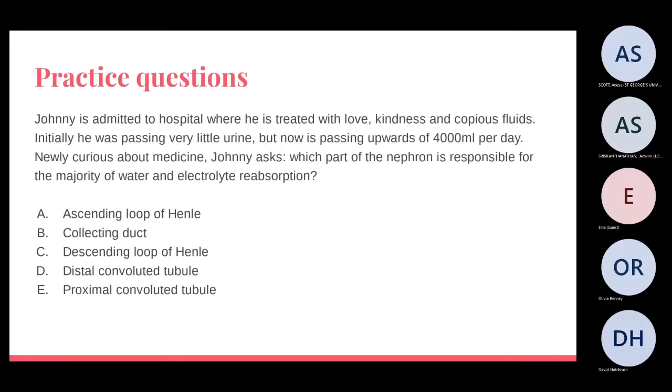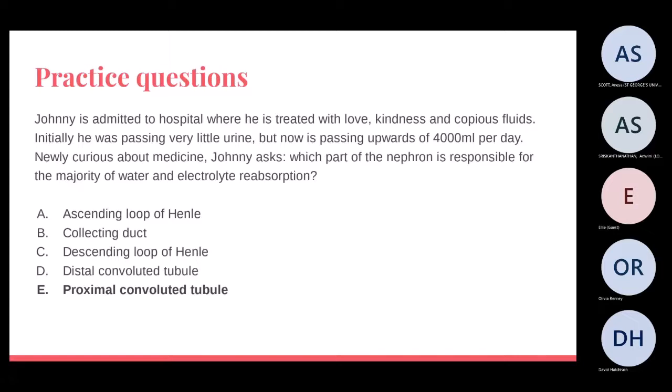So the point of this question was that most of the reabsorption in your kidney, just by default, happens in your proximal convoluted tubule. Almost as soon as everything comes out of the blood, it goes straight back in again. The proximal convoluted tubule is an absolute workhorse, and it does most of the job of reabsorbing your water and your electrolytes.